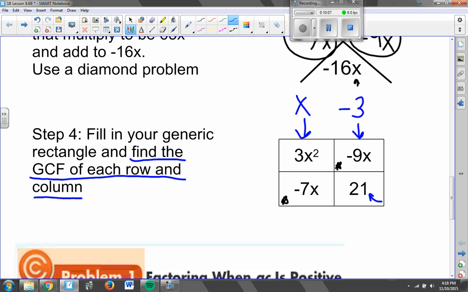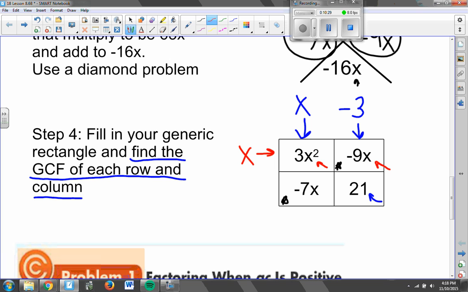Now, if I look then at this row across here, my top row, I have 3x squared and negative 9x. I do see an x that is common, so I know there's going to be an x involved here, because there's one of them with my 9, and there are actually two of them with my 3. So one of them is common to both boxes.